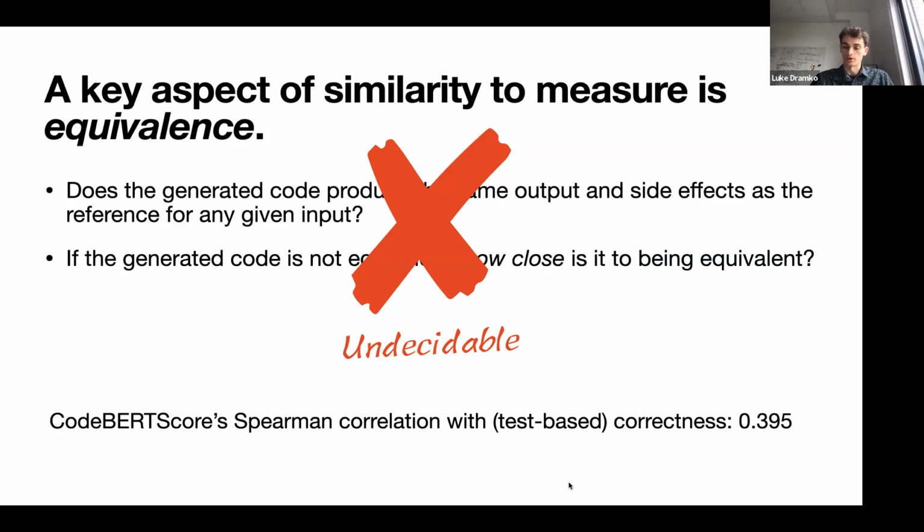This is a reasonable approximate notion of semantic equivalence, but the Spearman correlation with this test-based notion of correctness is only 0.395, which is generally interpreted as between low and weak correlation. So in summary, code equivalence is a very, very difficult problem to solve.